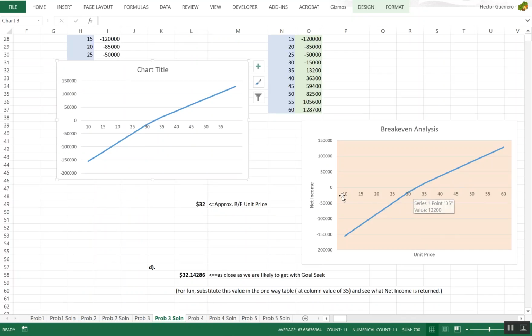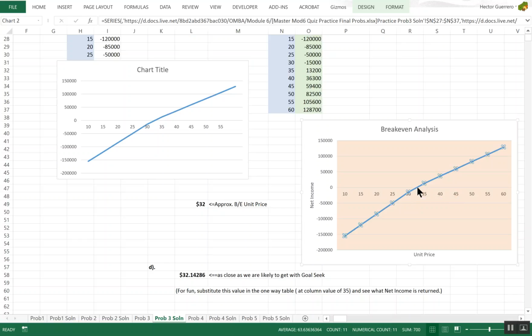That's the value of our net income. If we look at the place where we intercept the unit price, it looks to be like it's 32 maybe in change. 32 is what I approximate.